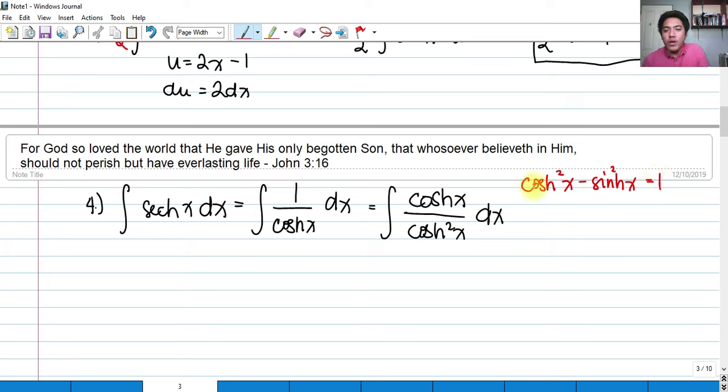Wherein we have hyperbolic cosine of x squared minus hyperbolic sine of x squared is equal to 1.